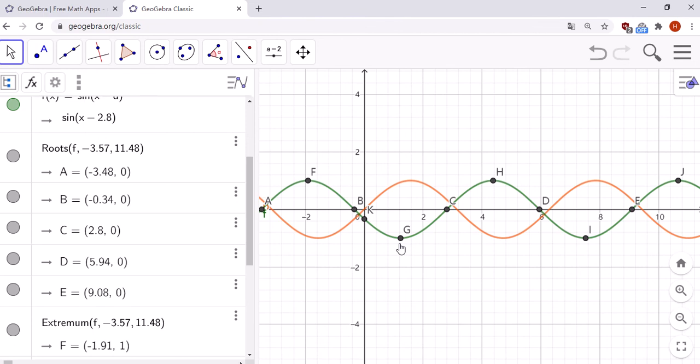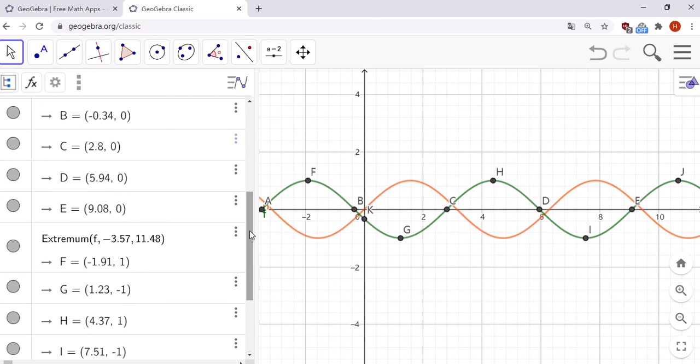And here G is 1.23, negative 1. H is 4.37, positive 1. So its maximum and minimum value are the same as the parent function.